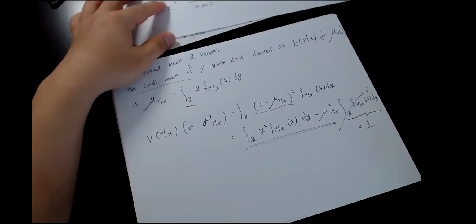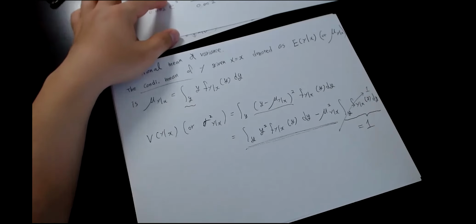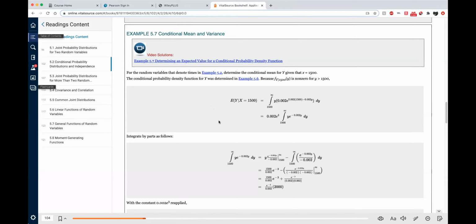Let's see example 5.7. Okay, for the random variables that denote times in example 5.2, remember that example 5.2, the two random variables y and x.